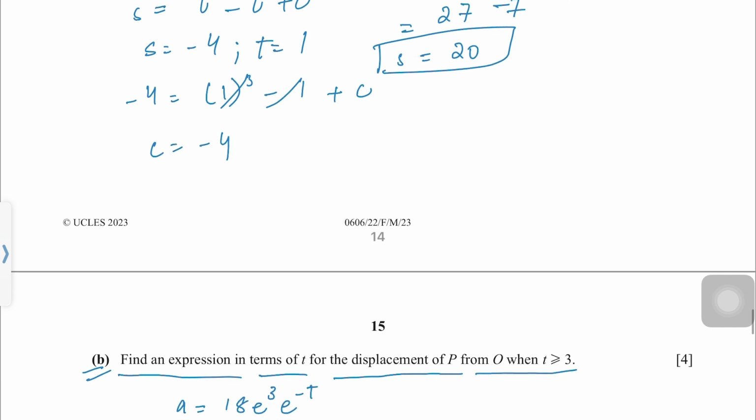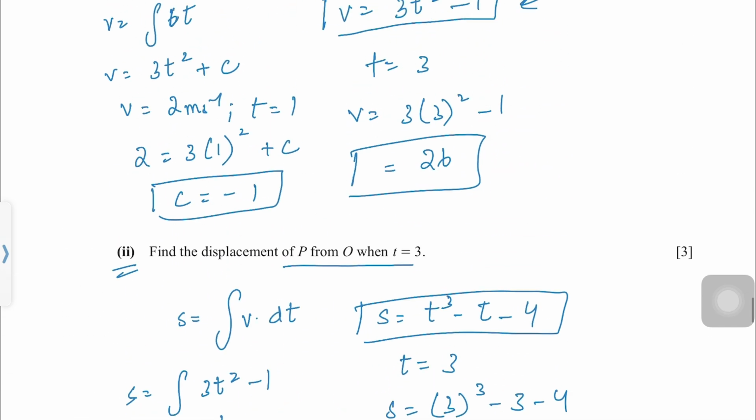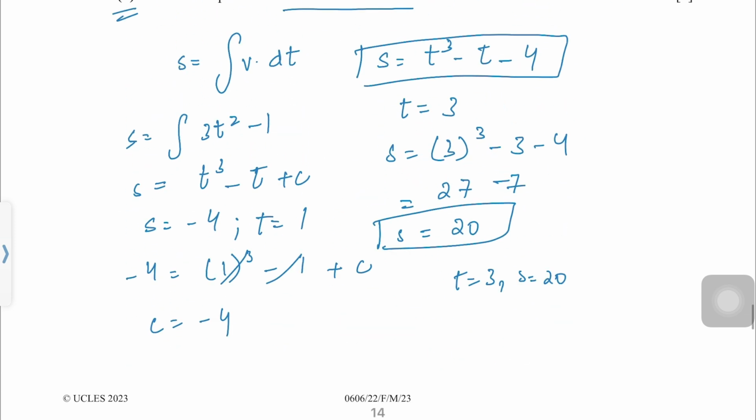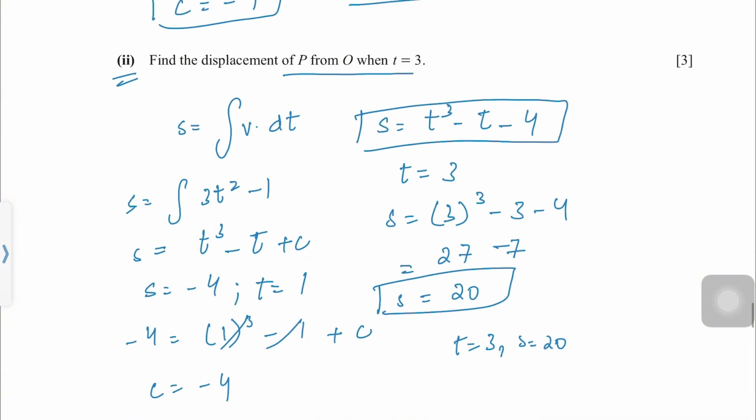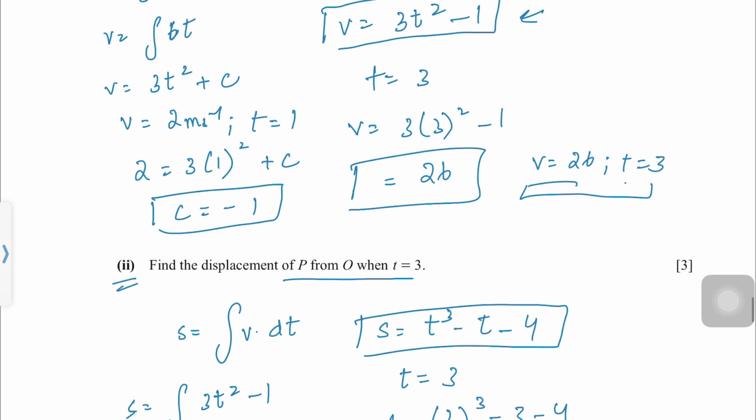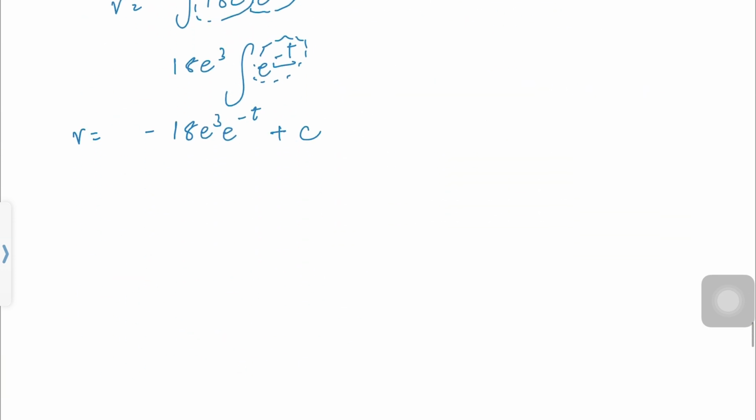Now let's just move a little bit back. So here our velocity was 26 when our t is equals to 3. And here when our t is equals to 3, our displacement was 20. Let's just use these initial conditions. These were v is equals to 26 and t is equals to 3. 26 minus 18 e power 3 and then e power minus 3 plus c.